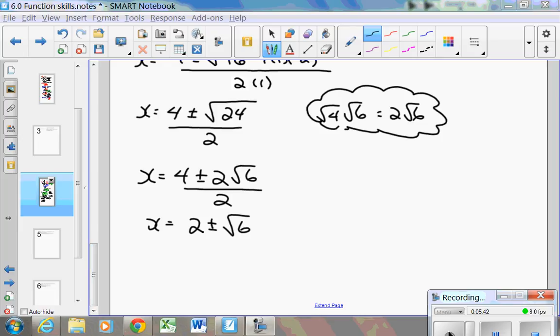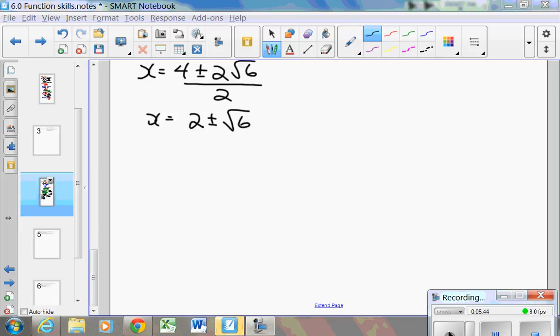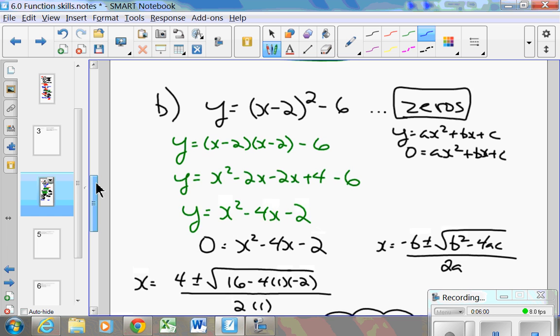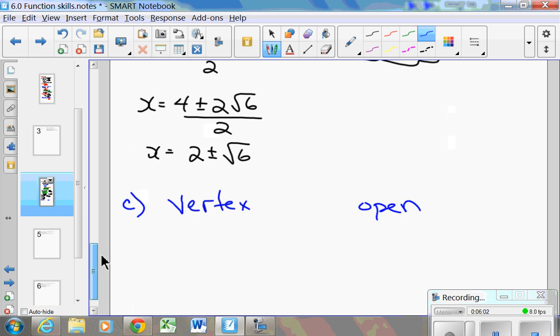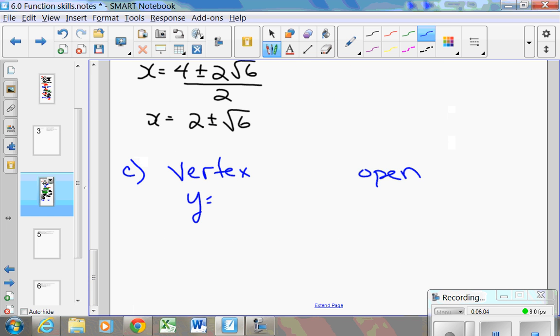The last thing we want to do is take this information and look at the range. The range is nothing more than thinking about where my vertex is and which way my function opens. If we scroll back up to our equation, y equals (x minus 2) squared minus 6, I know my vertex is (2, -6).